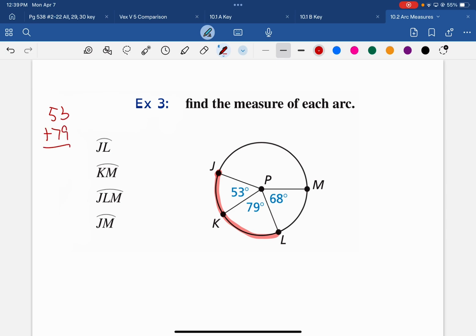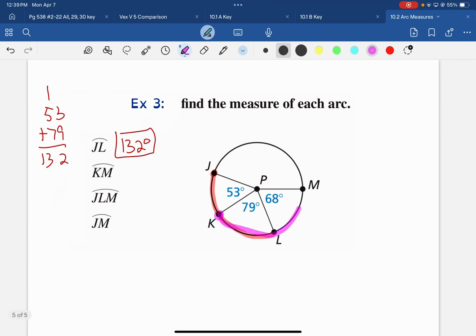9 plus 3, class? 12. Carry the 1. 7 plus 5? 12 plus 1? 132. Okay. Next one, K to M. Hemina, from going to K to M, should I go clockwise or counterclockwise, starting with K?